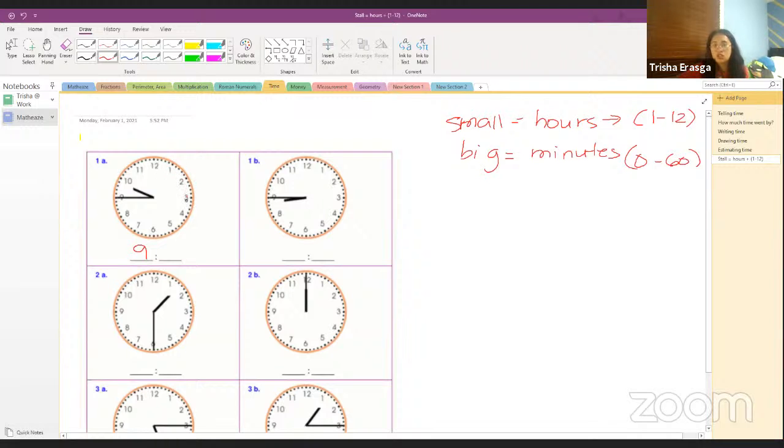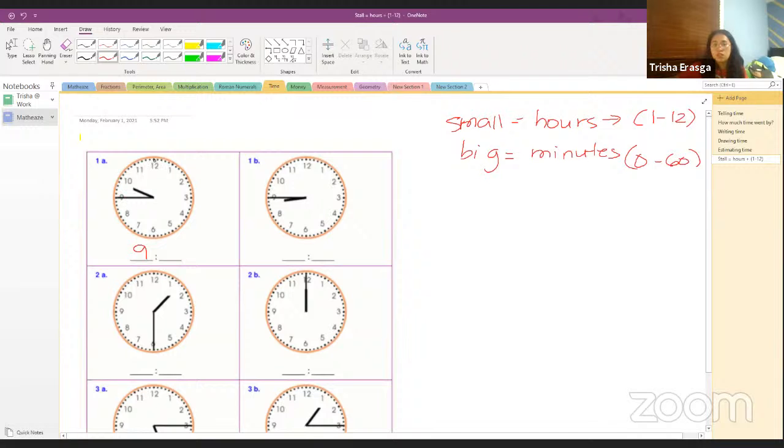So that just continues until you go around here. This one's going to be a 55, right on 11. This one's going to be 56, 57, 58, 59. And then once you hit 12 again, you're going back to 0, basically. So if every big number that's written here is 5 minutes, you can do your skip counting by 5s until you get to the nearest number that's written down.